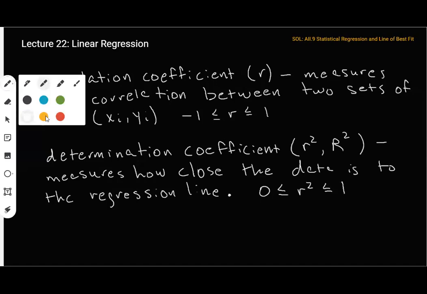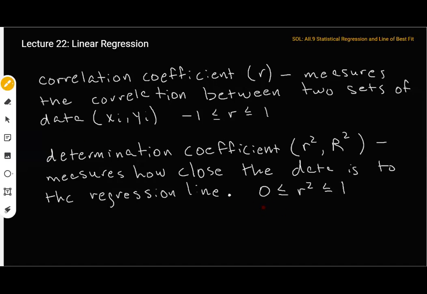If your R squared value is 0, that means that there is no correlation between the two sets of data. But if your R squared value is 1, that means that there is a perfect correlation. And the closer and closer that you get to 1, the better the regression is going to be for the two sets of data.